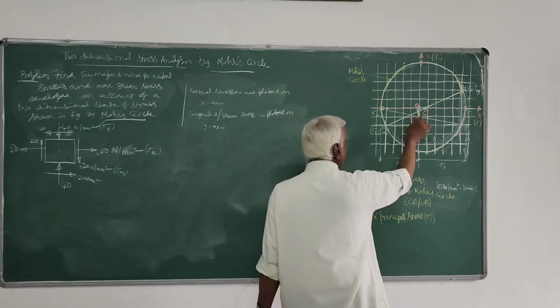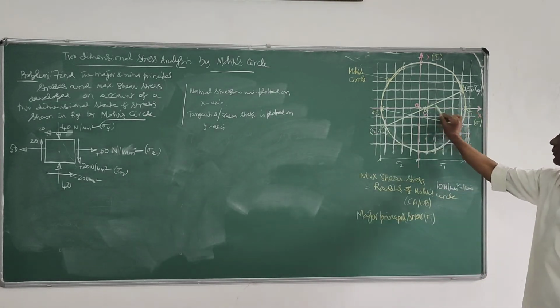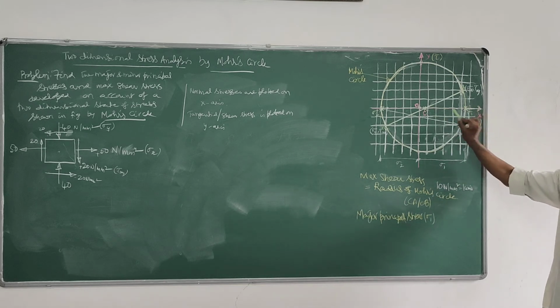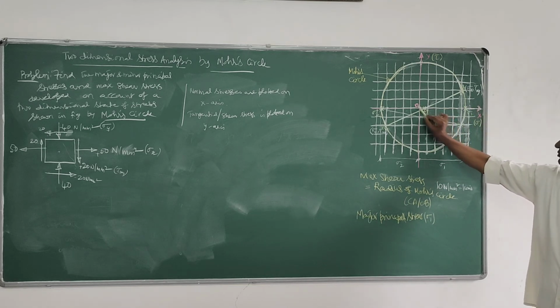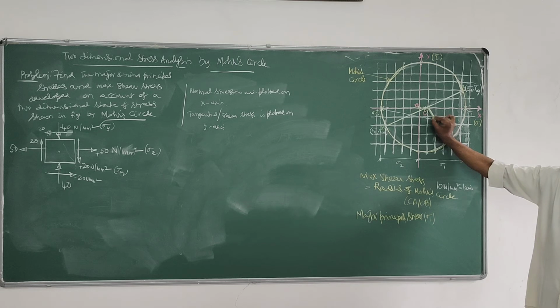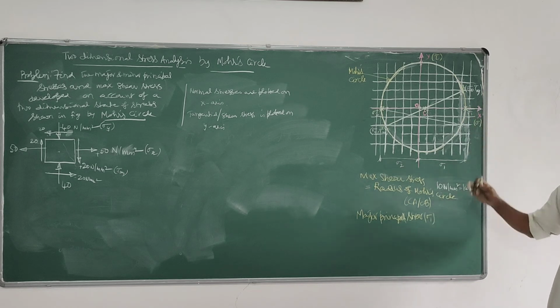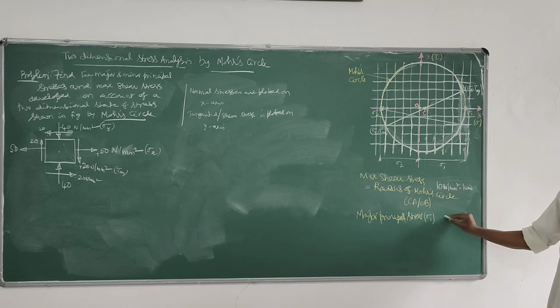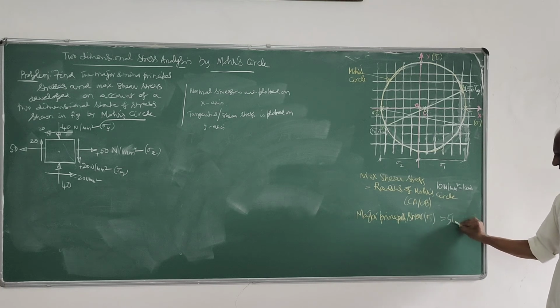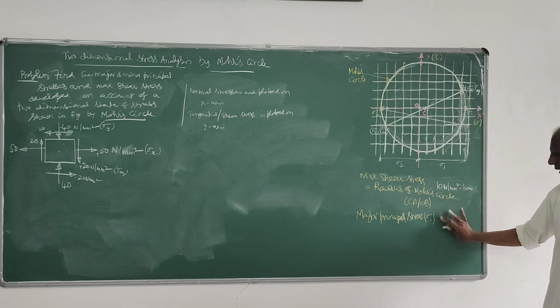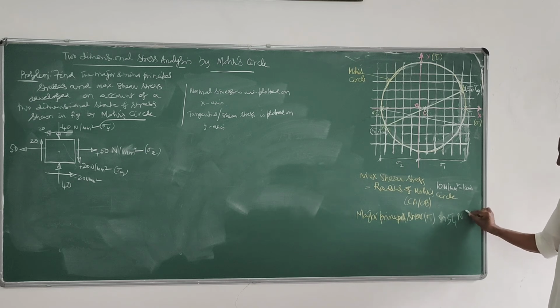With reference to the origin, you find out its value. Here the value from the origin will be 1, 2, 3, 4, 5 plus something. You can measure to the scale and compare with what you found theoretically. Roughly, approximately, this is 54 Newton per millimeter square.